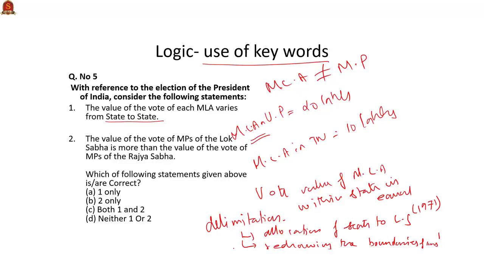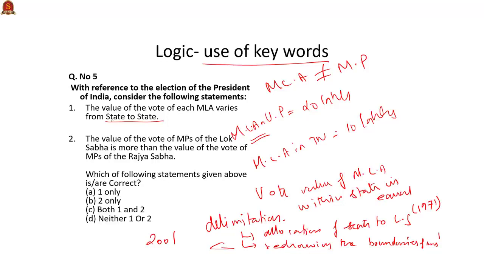But redrawing the boundaries of the constituencies, we have done it in the year 2001. That is, after census 2001, we went for the redrawing of the boundaries of the constituencies. So what happened is we have not changed the number of constituencies, but we have changed the boundaries. So now the population is different between different constituencies, and the same number of people is not being represented.